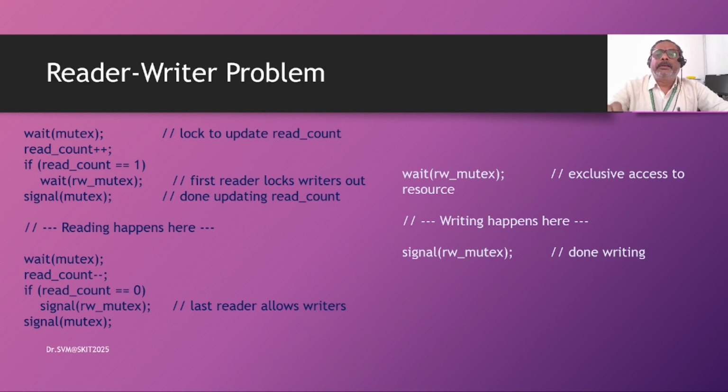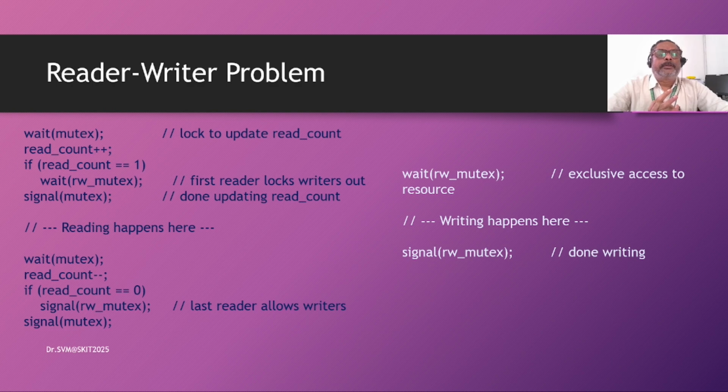And then writing happens, and once writing is done, we signal that the writing process is over. Then any other process which wants to write can take up, or any other process which wants to read can take up. So that's how the reader-writer problem can be solved using 3 semaphores.